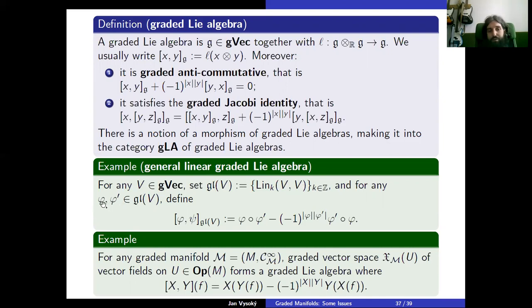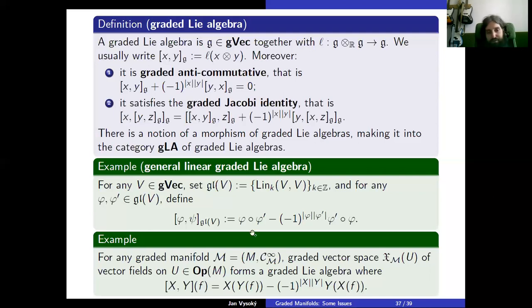If I take two maps here, I simply calculate the graded commutator of the two, and this makes this space into a graded Lie algebra. So similar to the ordinary case, for every vector space, you have a Lie algebra of general linear maps.